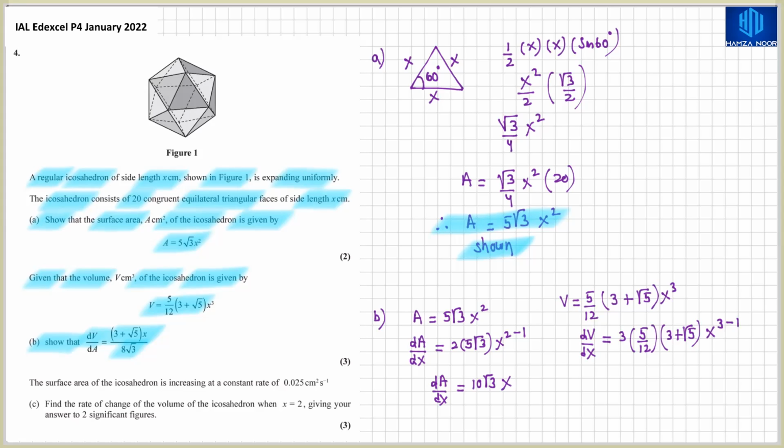This whole thing, 5 over 12 multiplied by (3 plus root 5), is a constant in exact form. So dV over dx will be equal to 15 over 12 multiplied by (3 plus root 5) multiplied by x squared. Therefore dV over dx is equal to 5 over 4 multiplied by (3 plus root 5) multiplied by x squared.